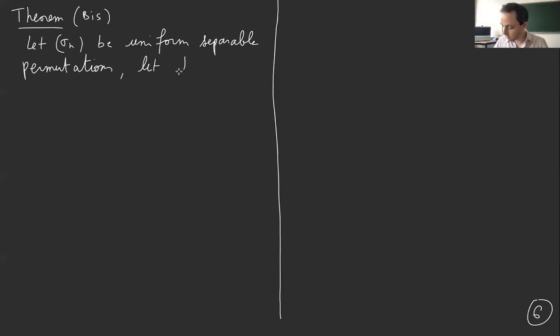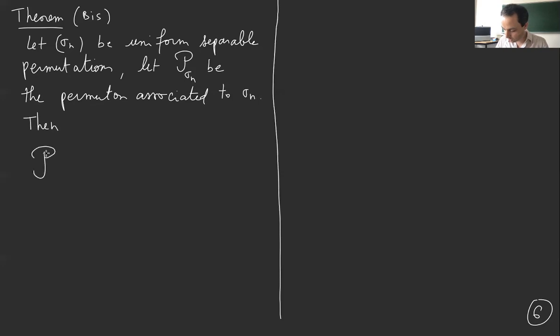And for every n, let capital P sub sigma n be the permutant associated to sigma n. Then the sequence of permutants P sigma n, here there is no need for rescaling because a permutant is already rescaled, converges when n goes to infinity in distribution in the space of permutants.